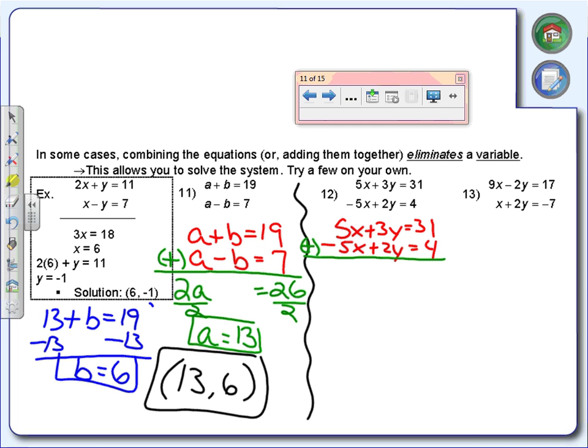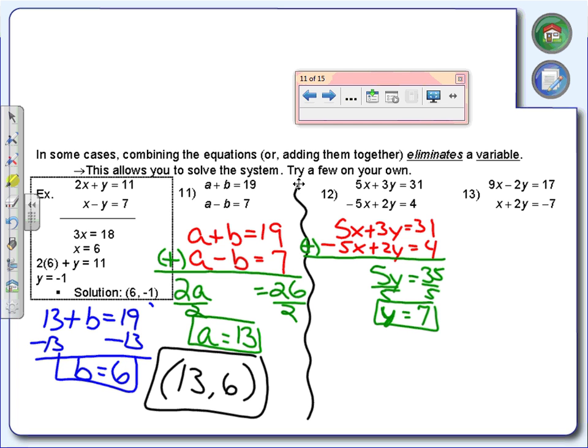There are no more x's. 3y plus 2y would be a 5y. And 31 plus 4 is 35. Divide by 5. And 35 divided by 5 is 7. So the y value here is 7.